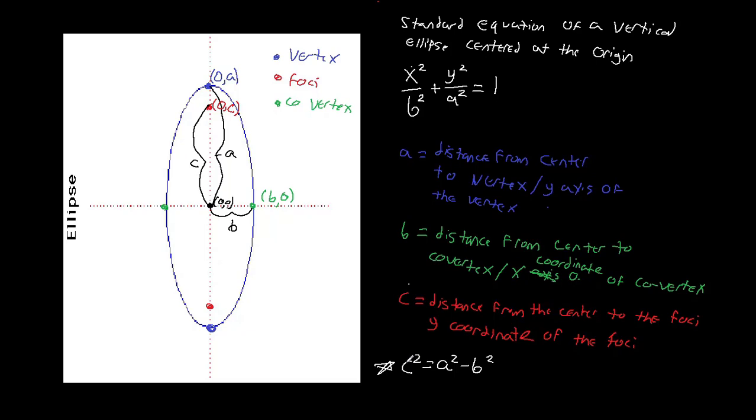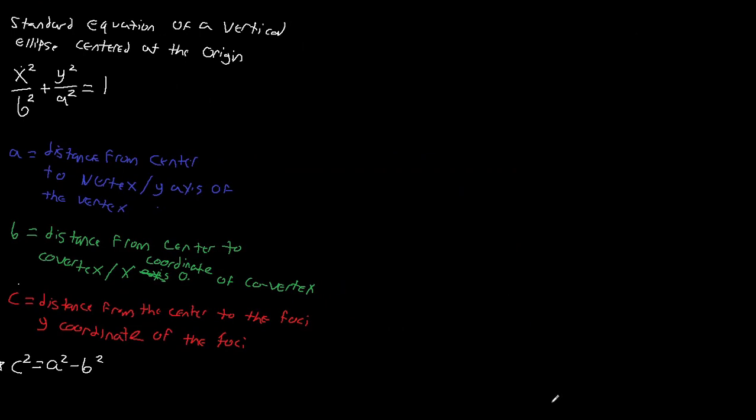So at this point, hopefully you realize a trend. And the trend is that for any ellipse, a is always going to be bigger than b.